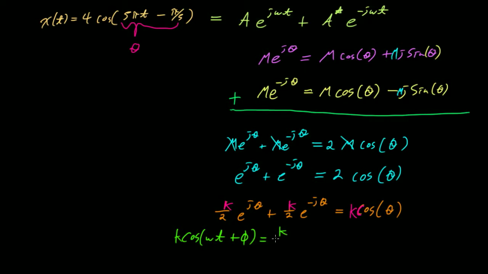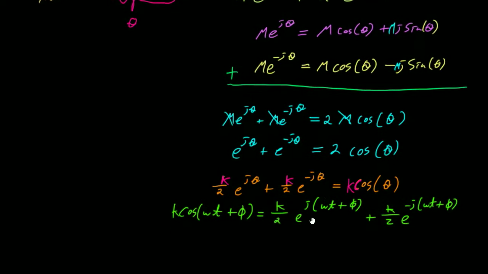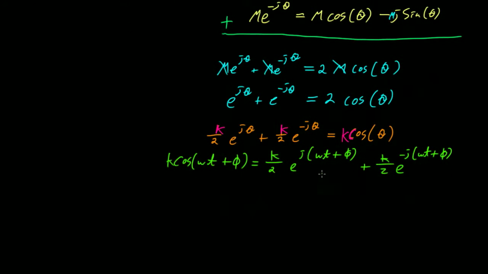So I'm going to get k over 2 e to the j times (omega t plus phi) plus k over 2 e to the minus j (omega t plus phi). Now that I've got this, let me break this up a little bit more.